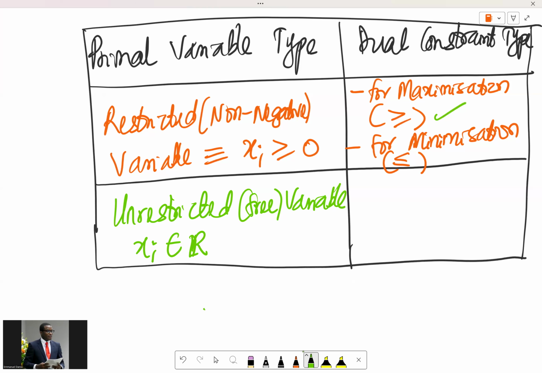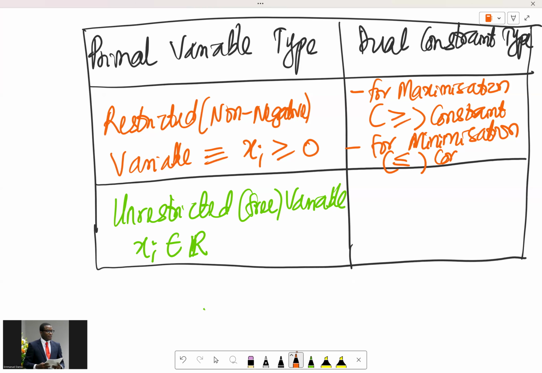So in that case now, what this means here is that this is a greater than or equal to constraint for maximization, and this is a less than or equal to constraint for minimization. Okay.